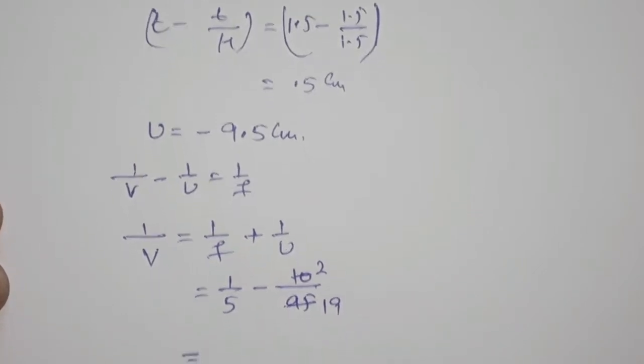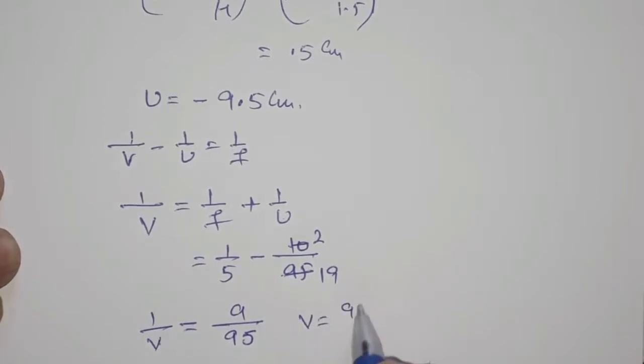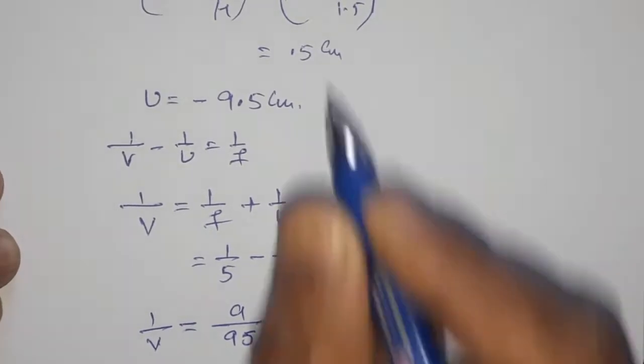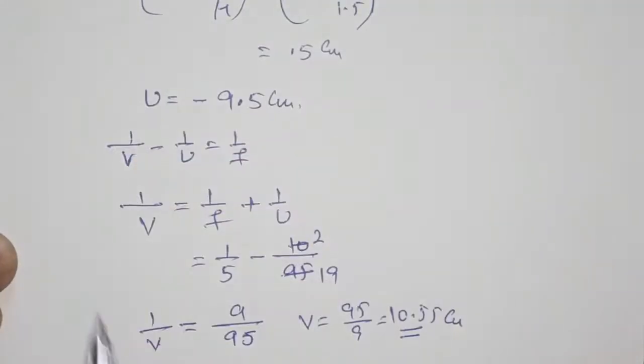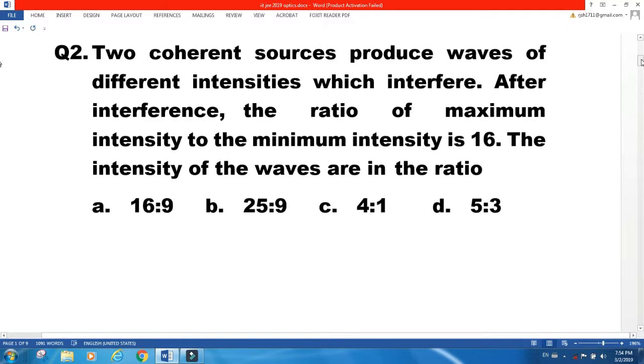So this will be approximately 9 by 95. That is V is equal to 95 by 9, that is 10.55 rounded. So the screen will have to be shifted away by 0.55 centimeter. This option is D. Next question we will be doing.